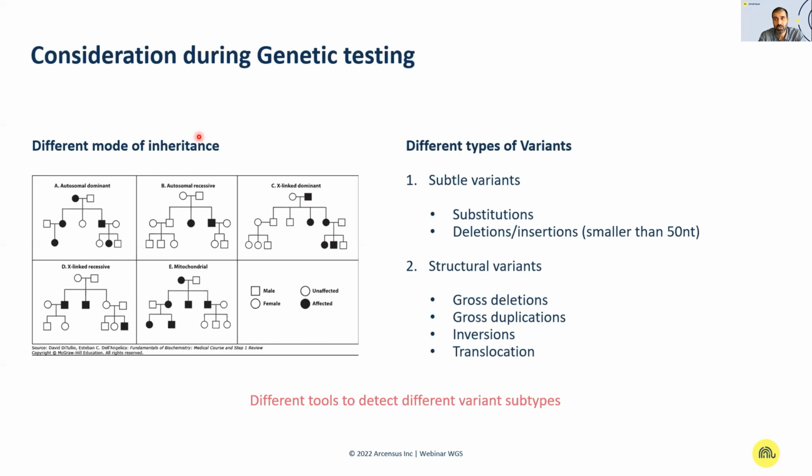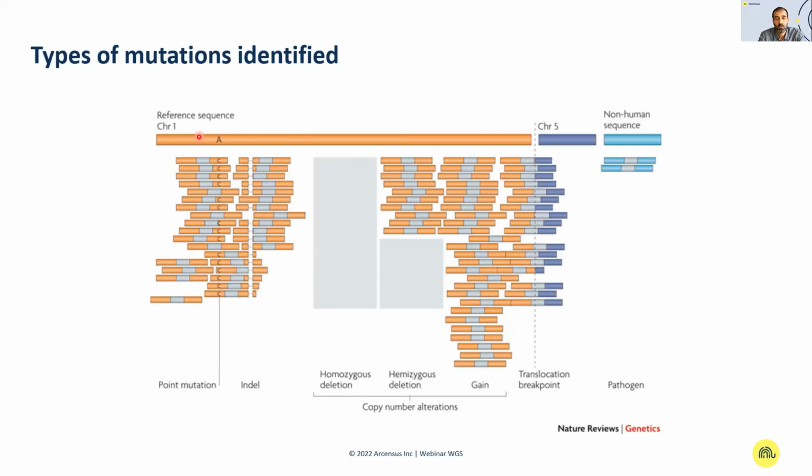And then you have inversions, where a piece of the DNA is put back into the genome in the inverted direction. And lastly, you have translocations, meaning that you have a chromosome where a break took place, and for the cell to be able to survive, this break is repaired by attaching one chromosome to the other. For these two different subtypes of variants, there are different tools that need to be used to identify them. So just to summarize briefly, we have the single nucleotide variants as depicted all the way at the left.